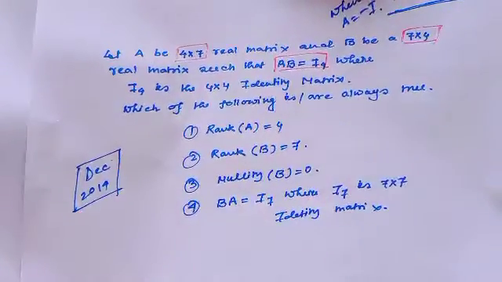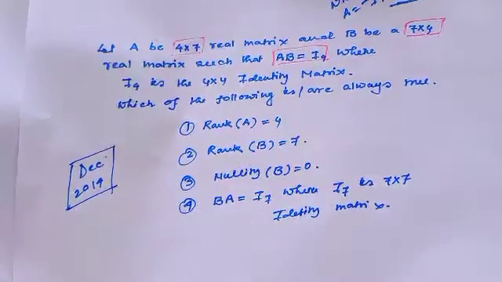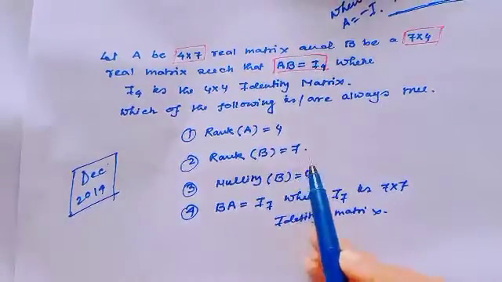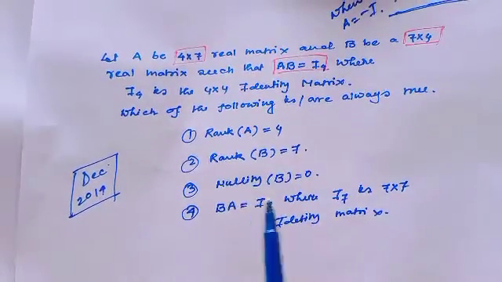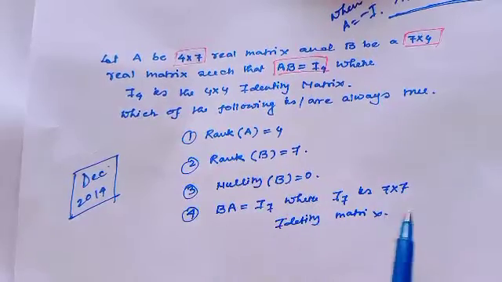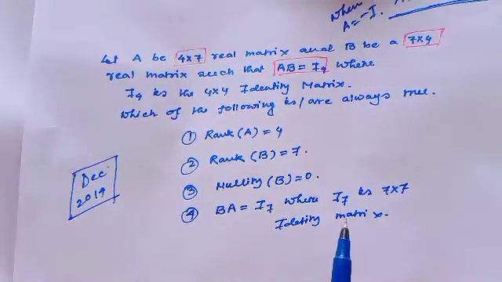Then which of the following is true? Option 1: rank of A equals 4. Option 2: rank of B equals 7. Option 3: nullity of B equals 0. And option 4: BA equals I7, where I7 is the 7 cross 7 identity matrix.